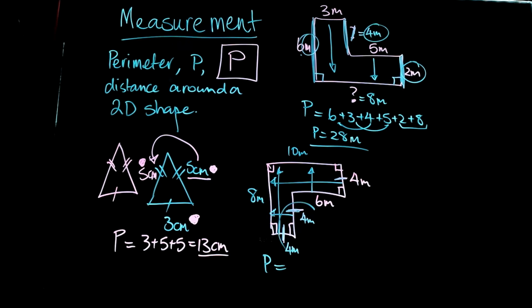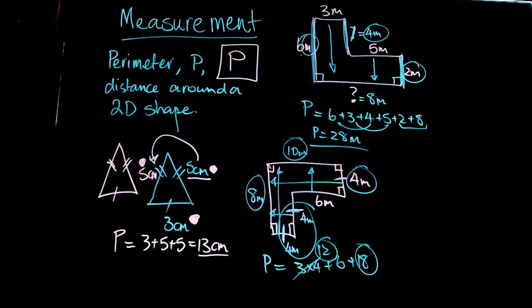I've got 3 of these guys, so 3 times 4 plus the 6 plus, I'm going to call that 18 because I added these two together in my head as I went along. So here I'm at 12, and if I add these two together, I'm at 30. So my final answer here for the perimeter has to be 36 meters.